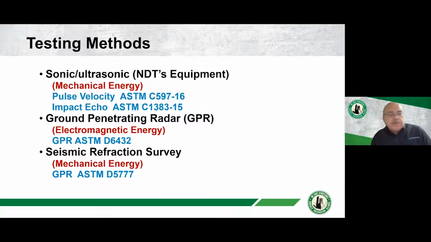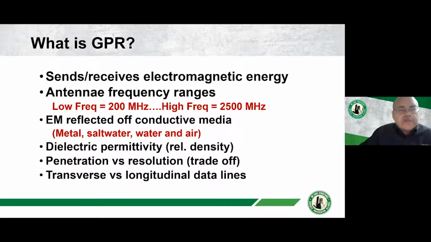Very valuable tool. And a third one I put in here for today is seismic refraction survey. That's a larger energy source, and it's used to characterize subsurface conditions, general soil layering. The oil and gas and the mining industry has used this for years. But we're going to start with ground penetrating radar, referred to as GPR.